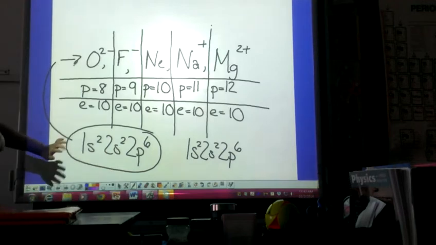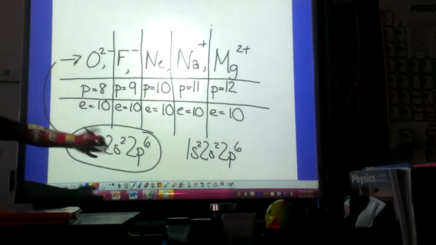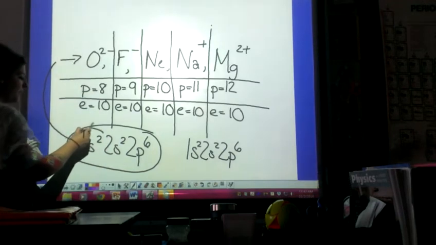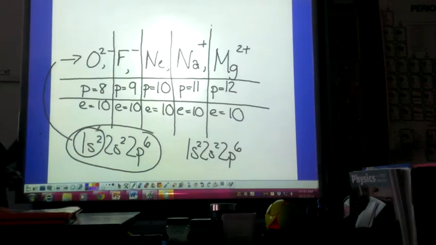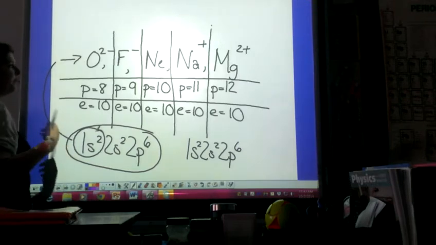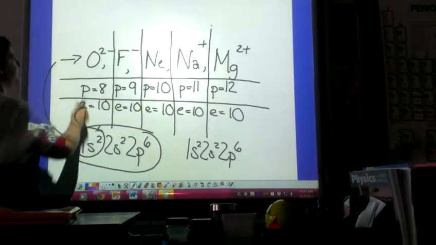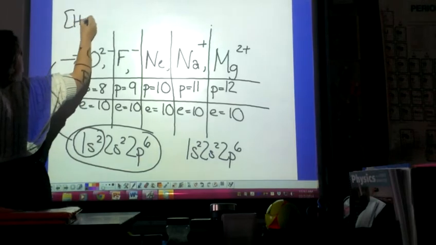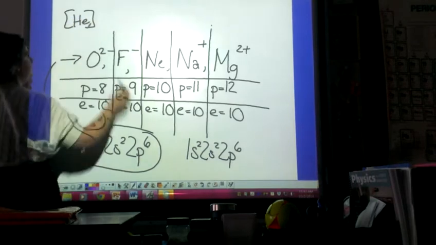I would go from the previous noble gas, which is 1s2, helium, so that would be my core electrons. If I wanted to write the noble gas configuration, I would write helium, then 2s2, 2p6.